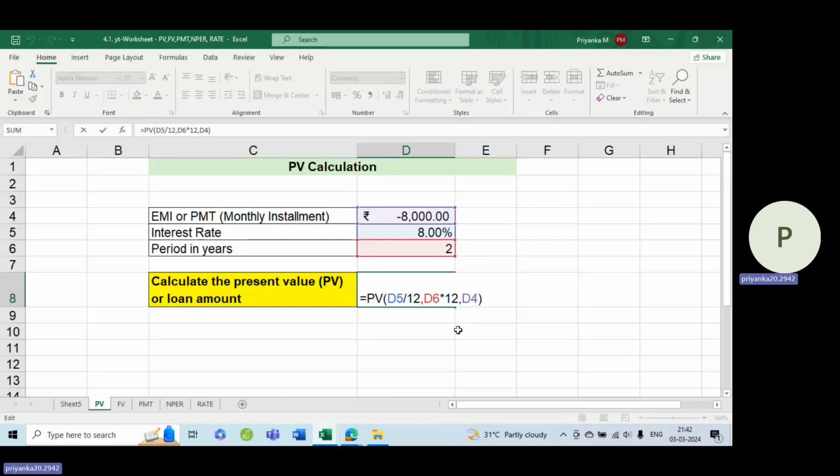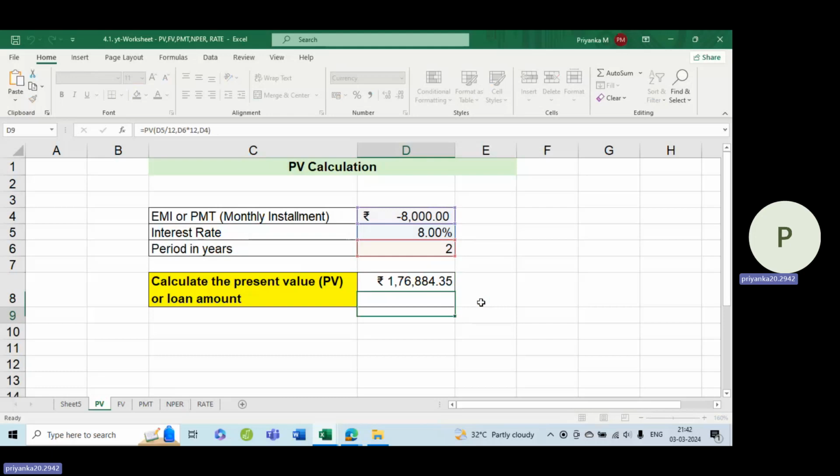So rate means you're dividing it by the factor, 12, or if they have given weekly installments you have to divide it by 52. So it keeps on varying. Similarly for number of periods also, you're just going to give into 12.